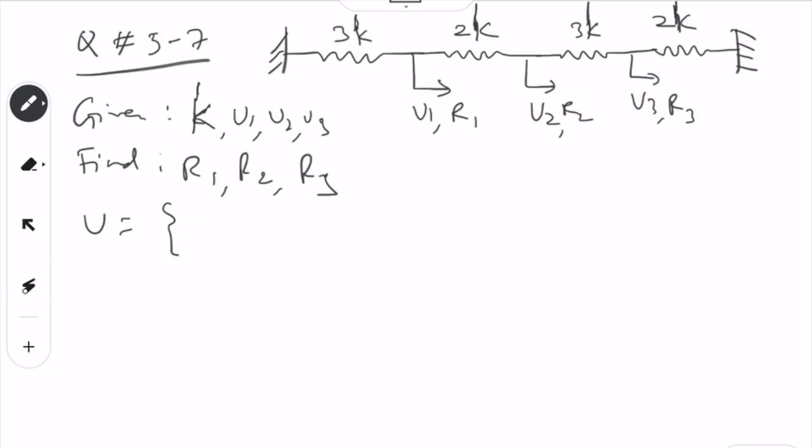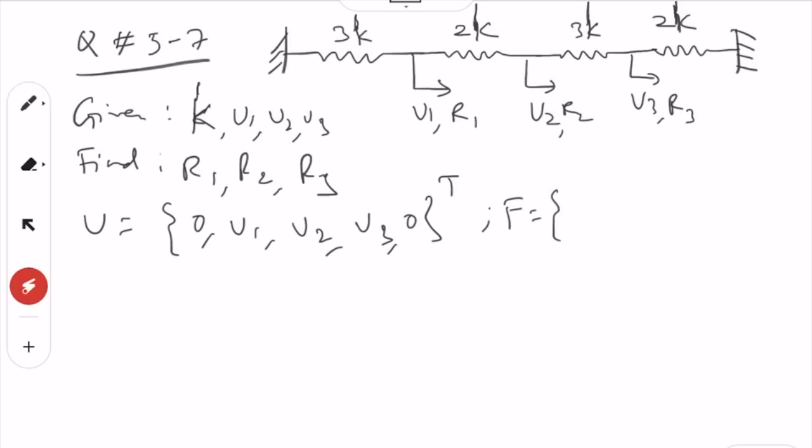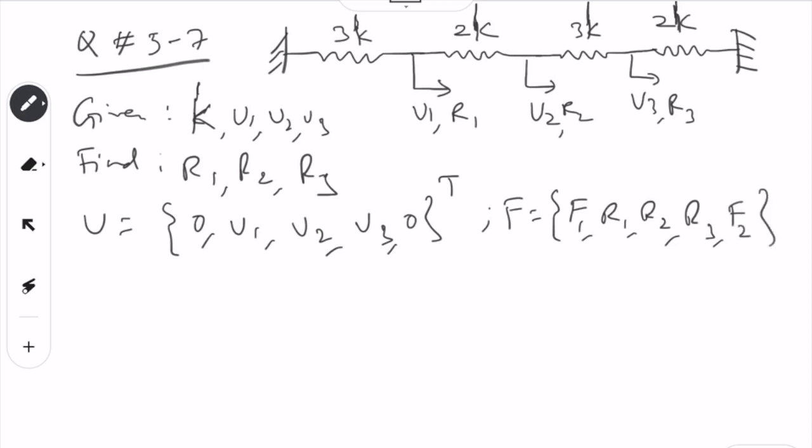Similarly, force will be equal to, you will have some reaction here. Let us call it F1 and this is F2, no problem. So you can write F1, then you have R1, R2, R3 and then F2. Again this is also transpose.